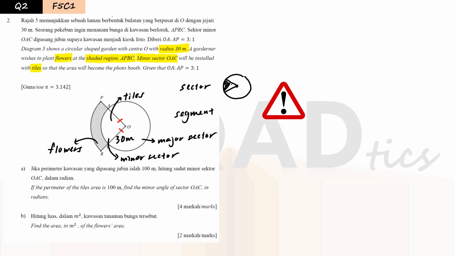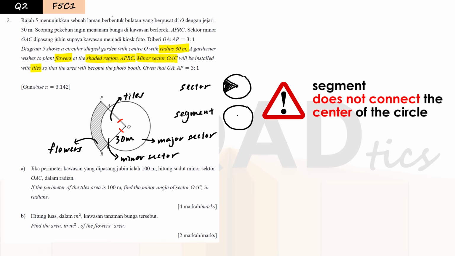So this is called a sector of a circle. A segment does not involve the center of the circle, which means it does not connect with the center, for example something like this. So this is called a segment. This is the main difference between sector and segment: a sector includes the center of the circle, and a segment does not include the center of the circle.